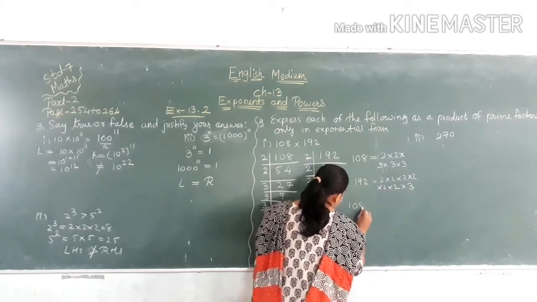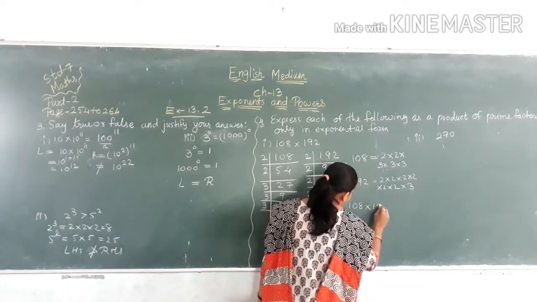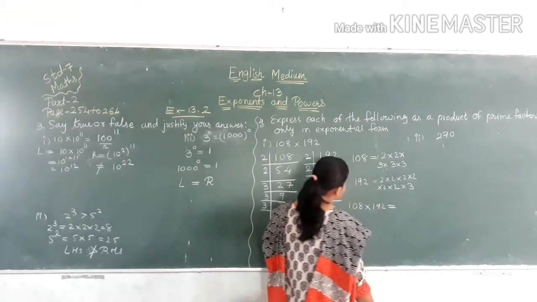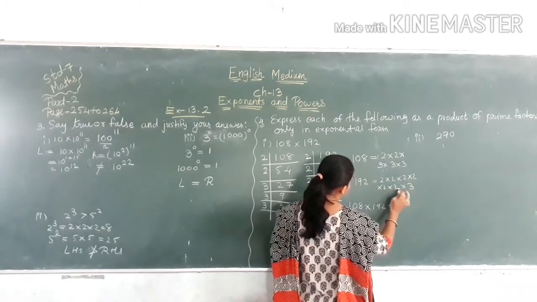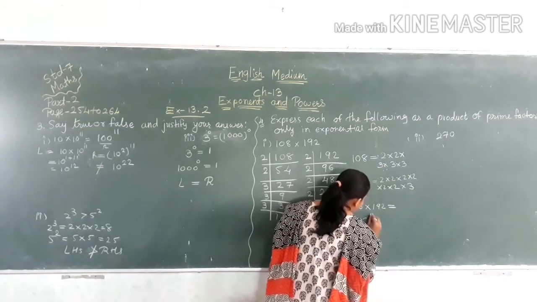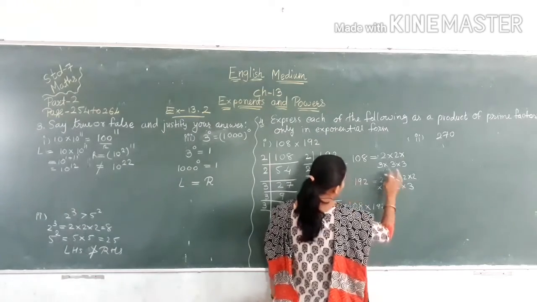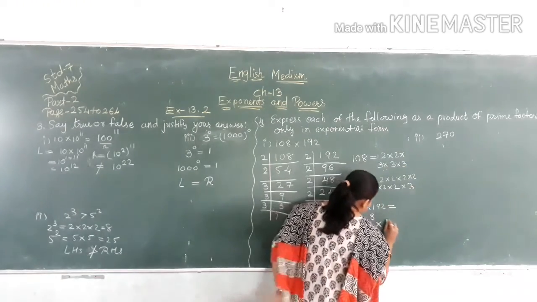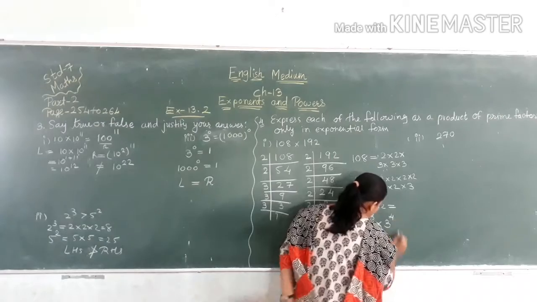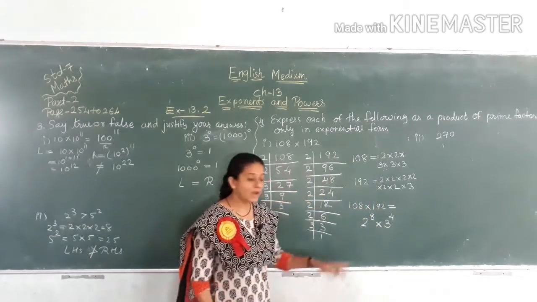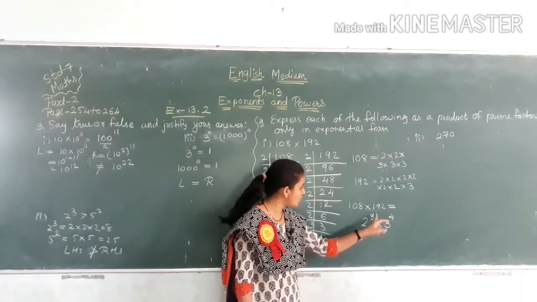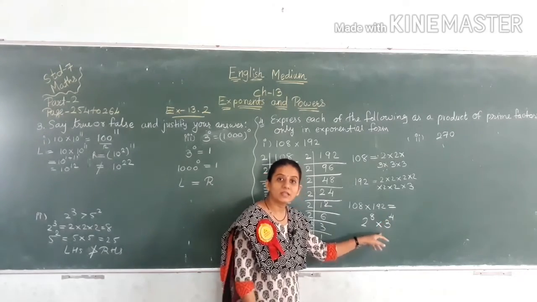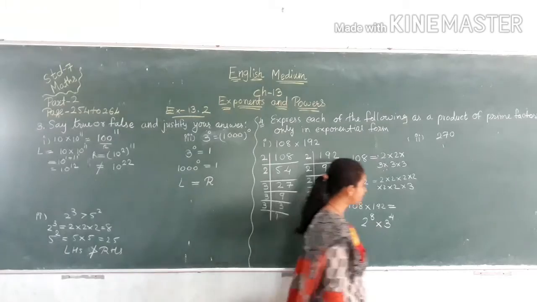Now 108 multiply 192 is equal to 2 raised to power 8 multiply 3 raised to power 4. So 108 multiply 192 is equal to 2 raised to power 8 multiply 3 raised to power 4.